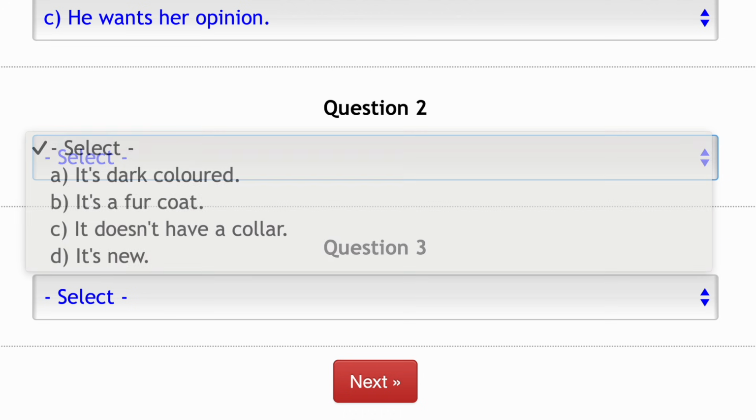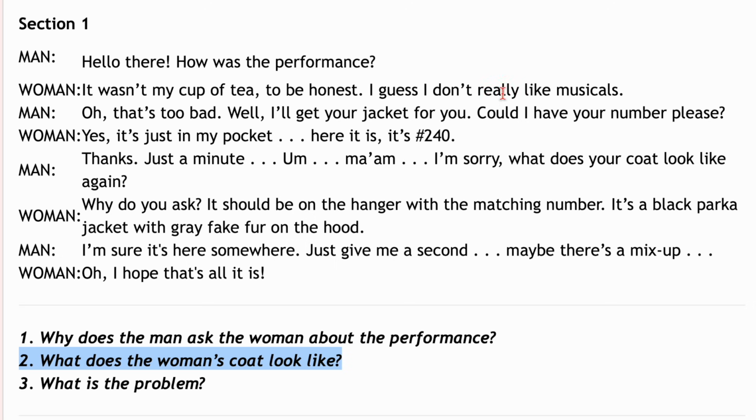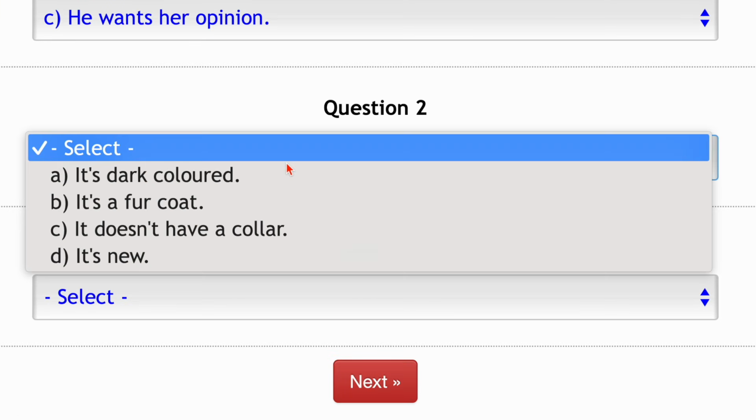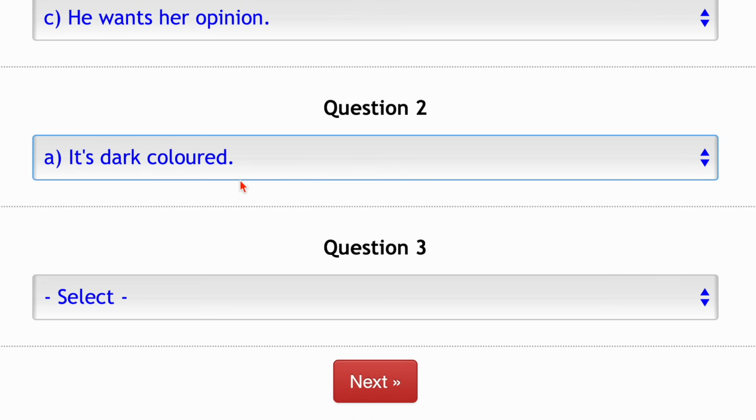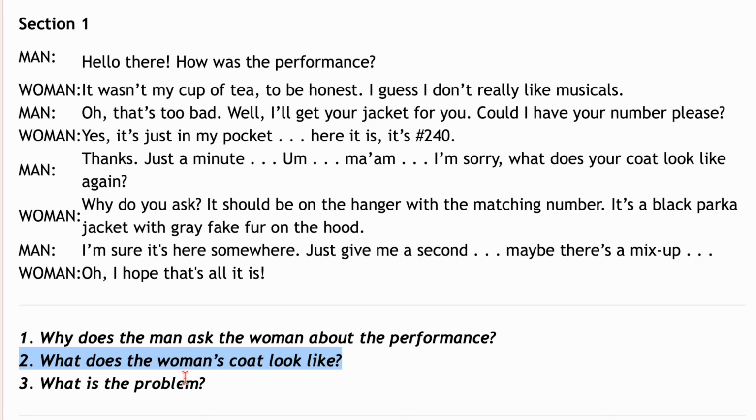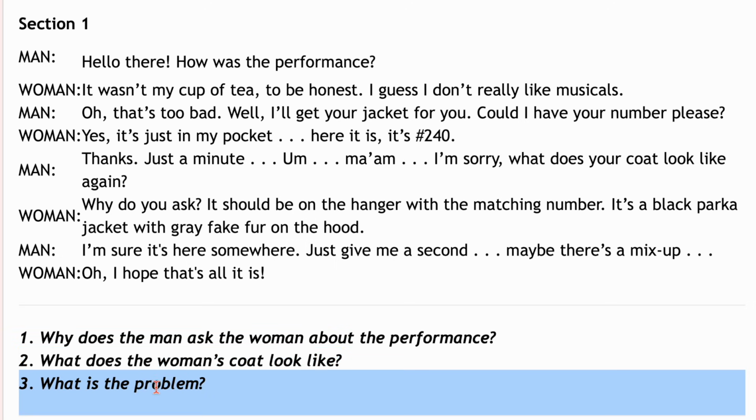She didn't say anything about the collar. Yeah. Fake fur on the hood. So not a fur coat either. And the only one that we can match is it's black. So dark colored. Okay. What is the problem? Number 3.